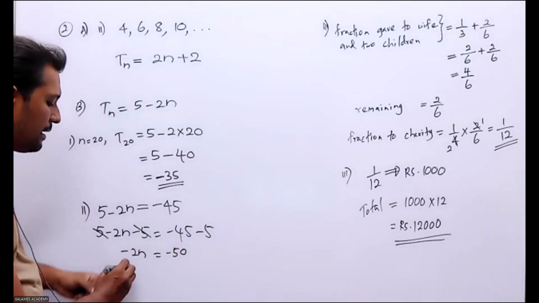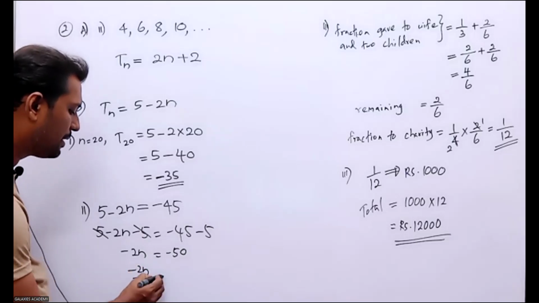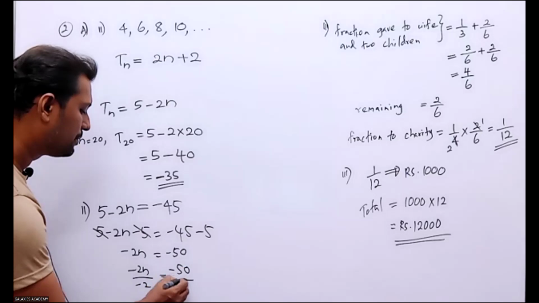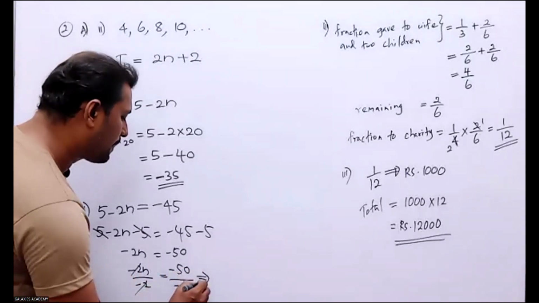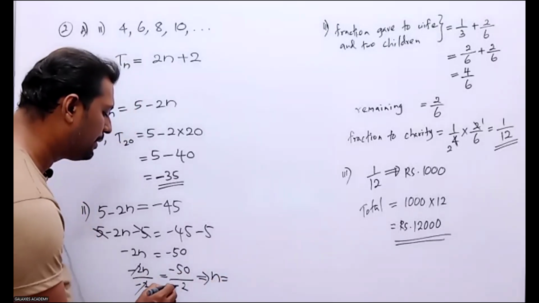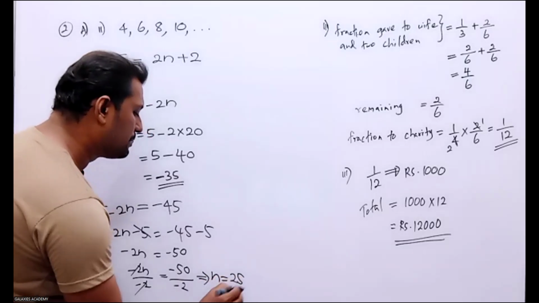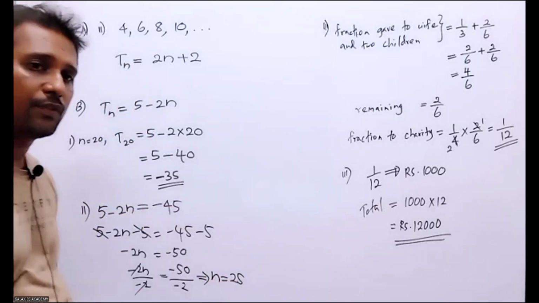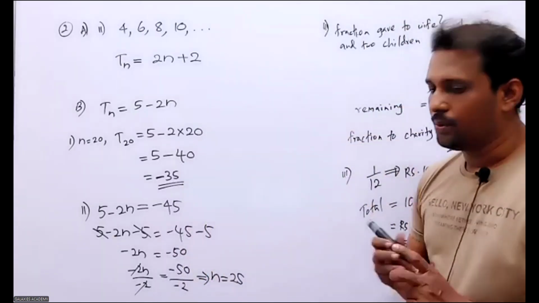Then to find n, what do you have to do? The coefficient is negative 2. So on both sides you have to divide by negative 2. Negative 2 and negative 2 cancel. N equals negative divided by negative, positive. 50 divided by 2 is 25. So which term is negative 45? The 25th term, right? 25th term.